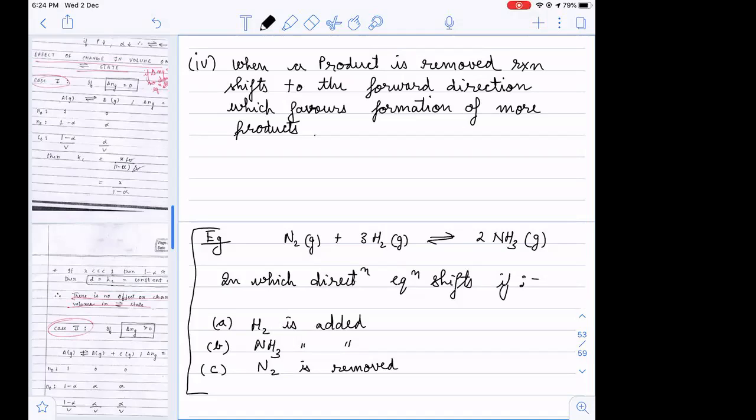Okay, B part, NH3 is added. The forward direction. Okay, any other answer? Nikhil, Niranjan, Charan, your answers please. NH3 is added, ammonia is added. See the points you have written. In backward direction.